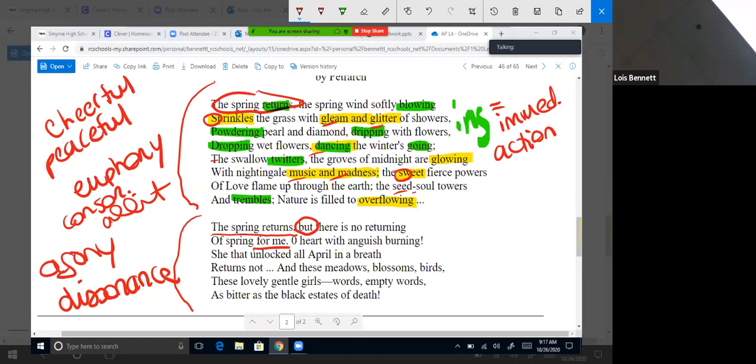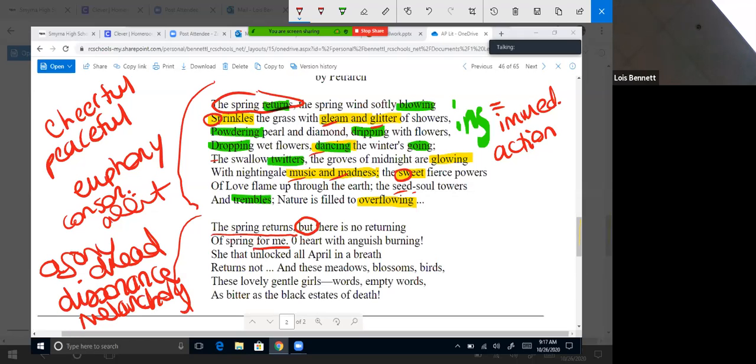So if he was cheerful in the first stanza, what is the contrast in the second stanza? Yeah, so it's like maybe dread. I mean, the word melancholy that we used earlier works really well there. This is very, very depressing, right?